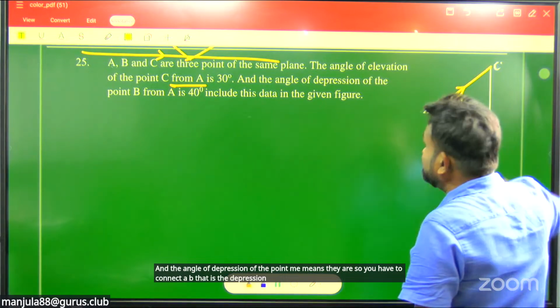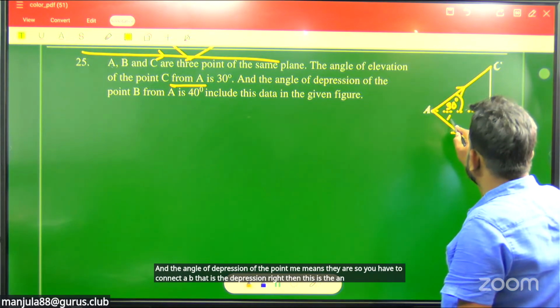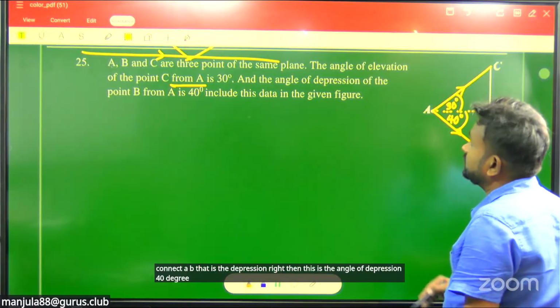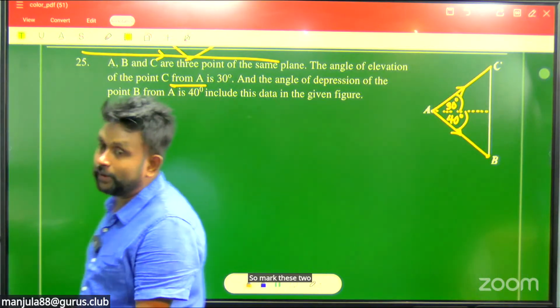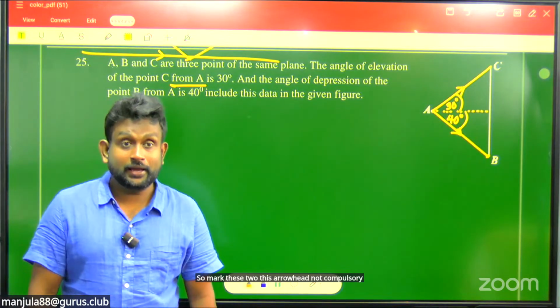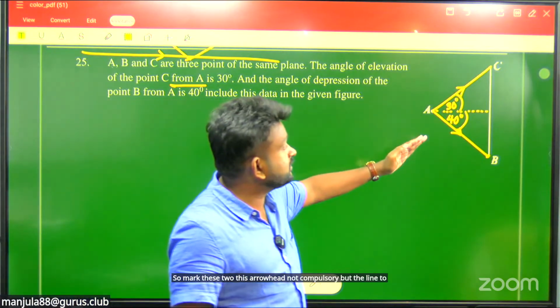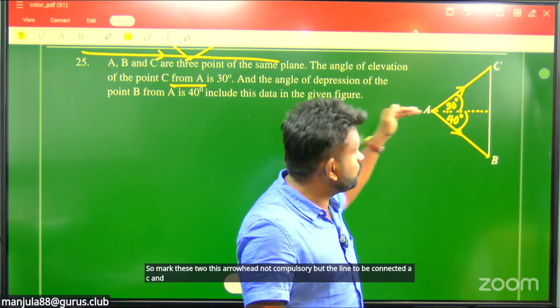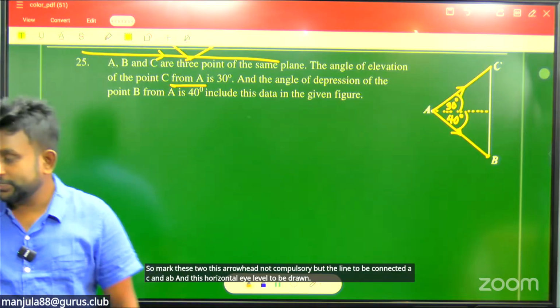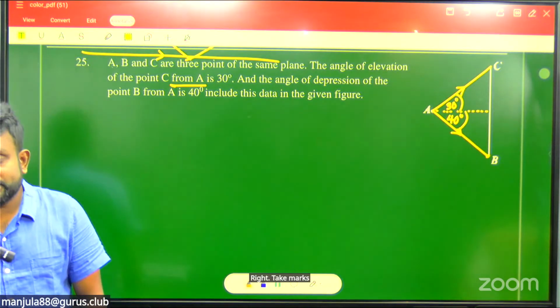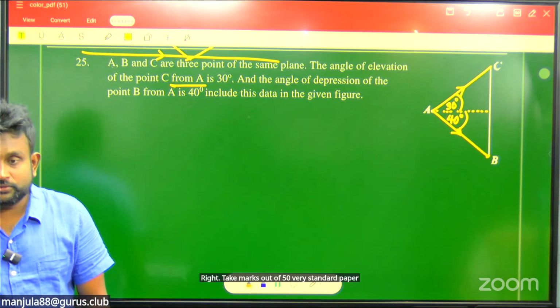This is the angle of depression, 40 degrees. So mark these two. The arrowhead is not compulsory, but the lines AC and AB must be connected, and this horizontal eye level must be drawn. Right, take marks out of 50. Very standard paper and very good questions there.